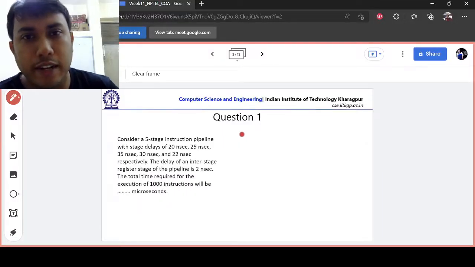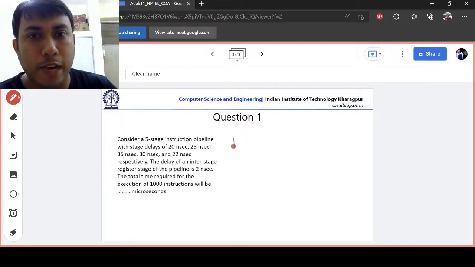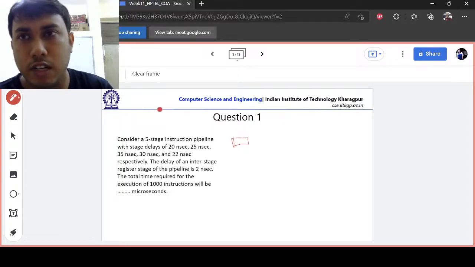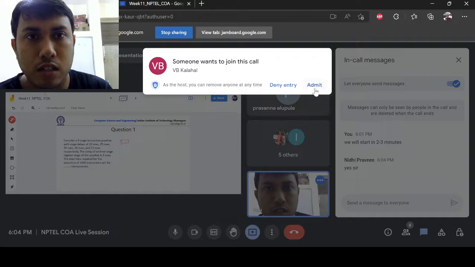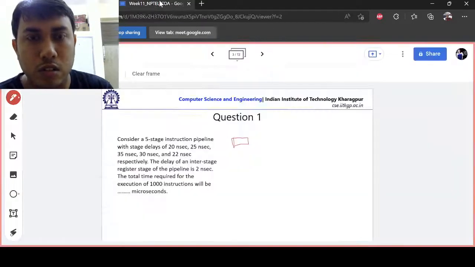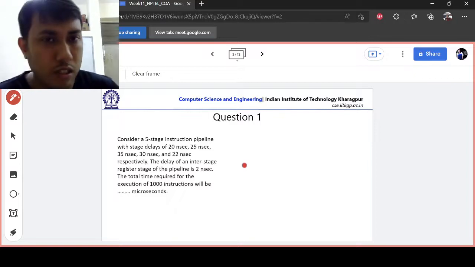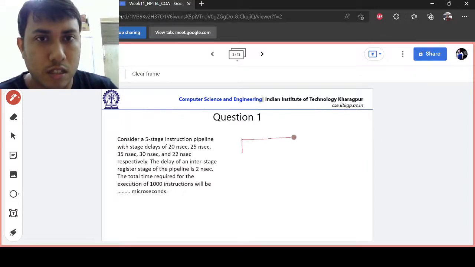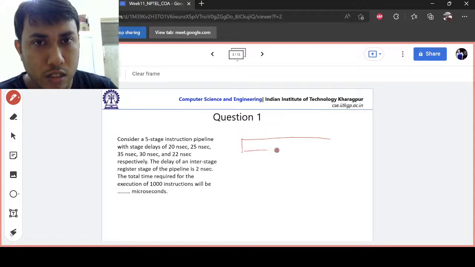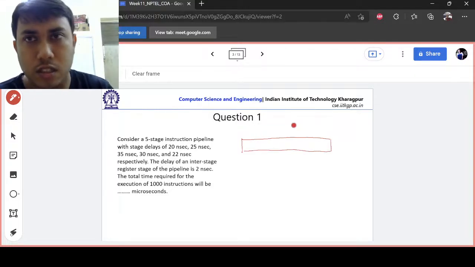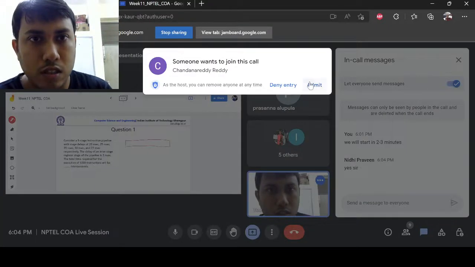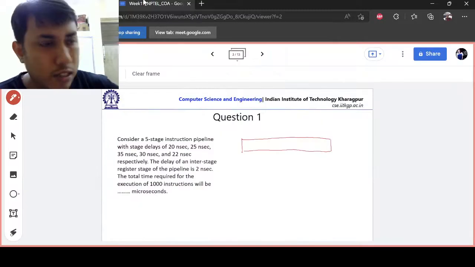So it is said that we have a five-stage pipeline. Consider these are the five stages.